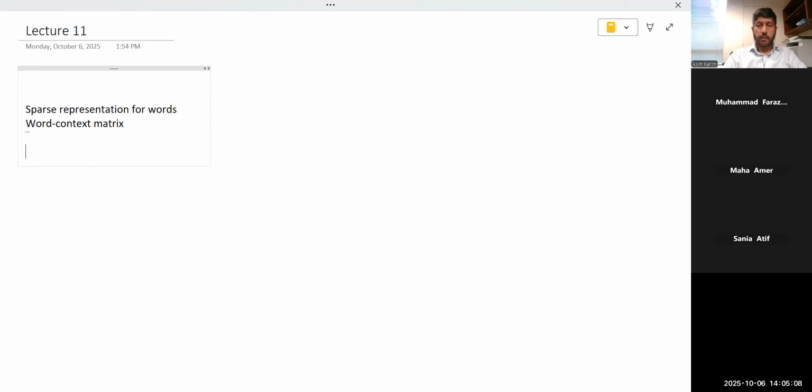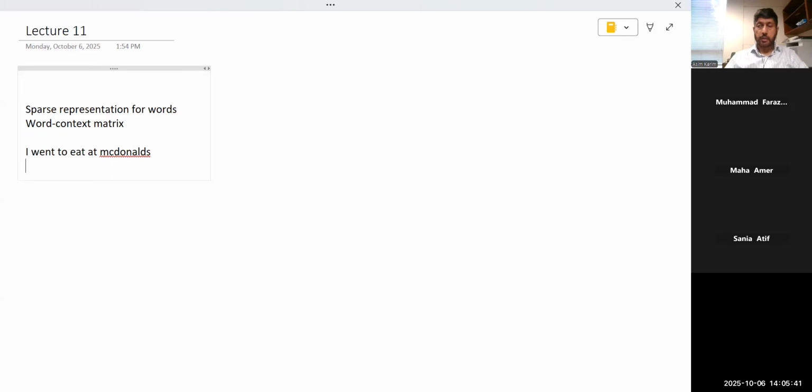Let's say we have a small sentence. Of course, you typically have a large corpus from which you will build this word context matrix. And I'll write just a small sentence and give you an example of how this word context matrix is filled out. So let me take an example. I went to eat at, for example, McDonald's. Okay? So this is a corpus.